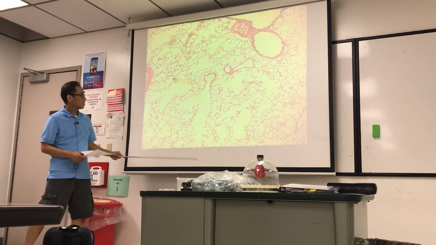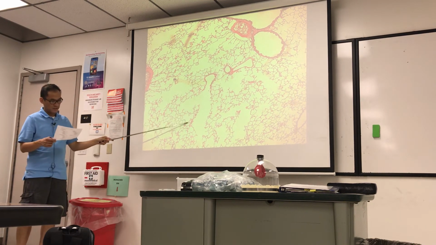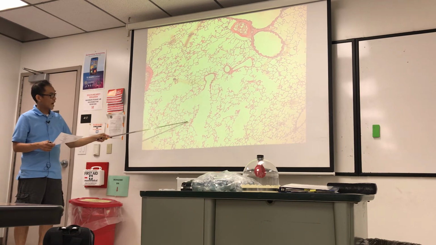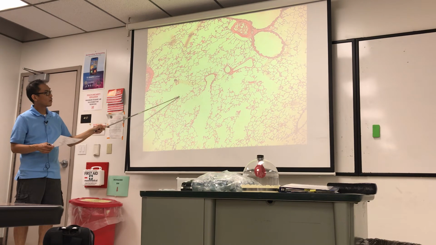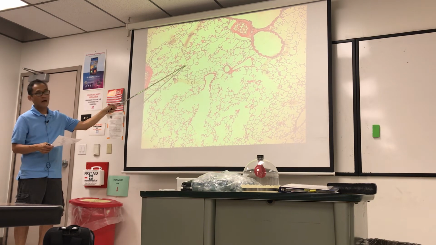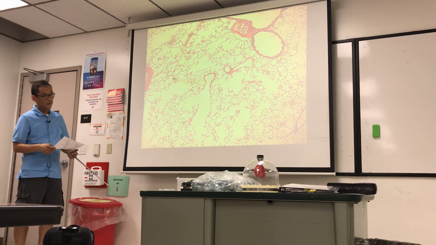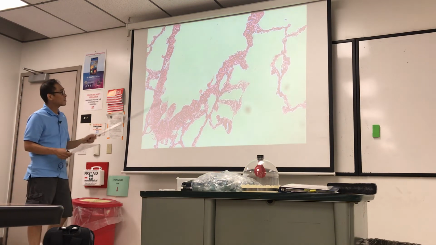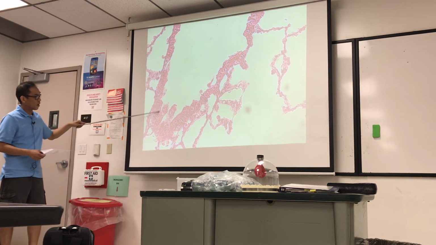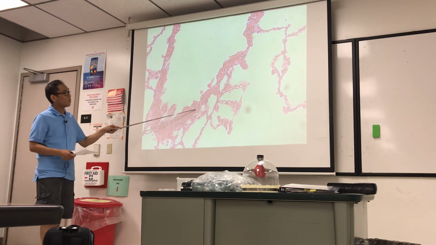Alveolar ducts. What if I point to something like this? Alveolar sac. If I point to just an individual dead end right there, alveolus. Very good. Here's a closer up view, so you can see the bronchiole wall.